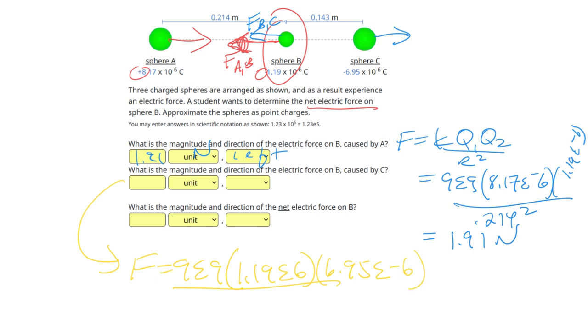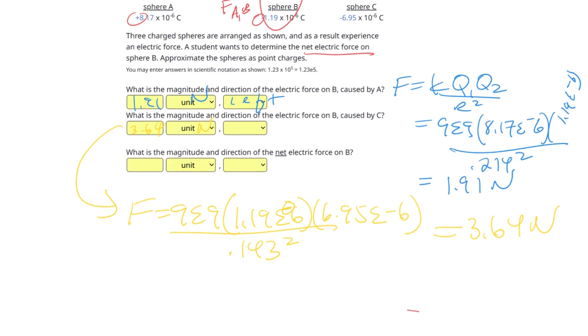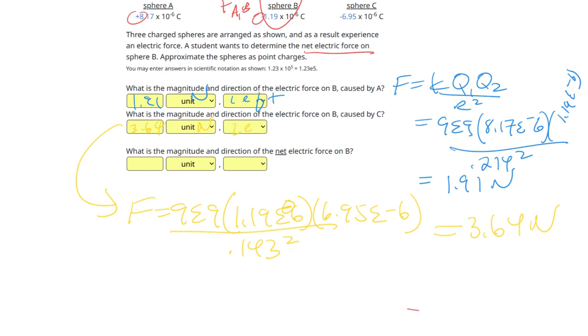Oops, this is negative 6 as well. And over the radius between those is 0.143 squared. So I get 3.64 newtons. And that one's also pointing to the left.